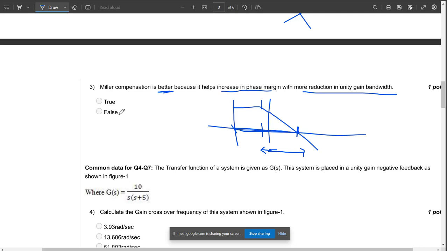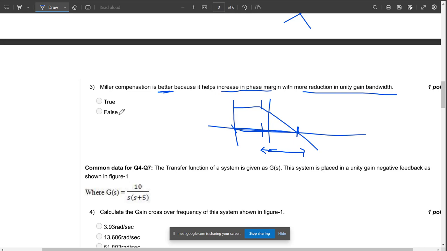Try to solve this question intuitively and tell me. False. Yeah, false. Okay, very good. So why do you think it is false? Because ma'am, for this case, unity gain bandwidth should be increased. Okay, very good. Now, why does unity gain bandwidth increase?